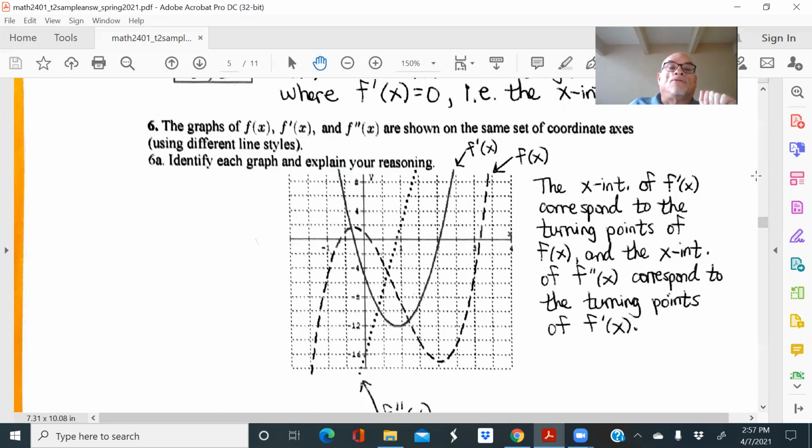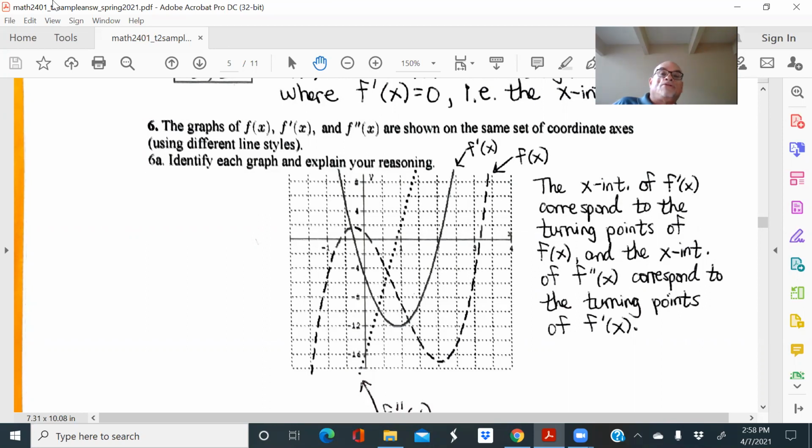And we're asked to figure out which graph is which. In the original problem, I don't have any of these graphs labeled, so you're the one that has to figure out which of these is f, which is f prime, and which is f double prime, and then explain the reasoning why you chose which curve is which graph.